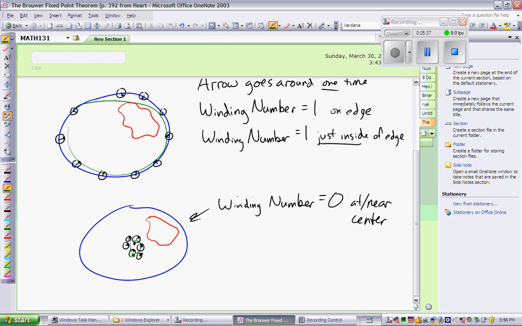All right, so since it was 1 on the outside and 0 in the middle, somewhere the winding number had to change from 1 to 0.